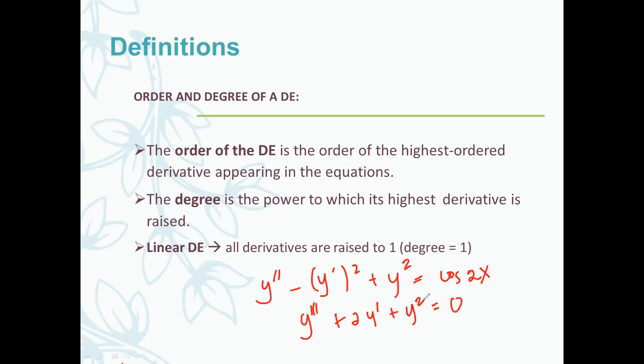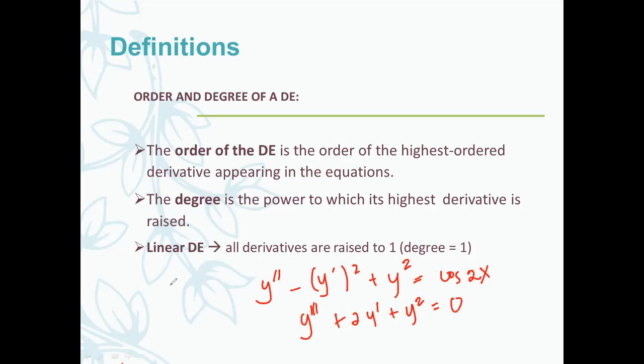That way you can readily say that your DE is linear. For now, we will just limit our discussion here because this is an ordinary, simple differential equation. So this is how we say that it's linear.